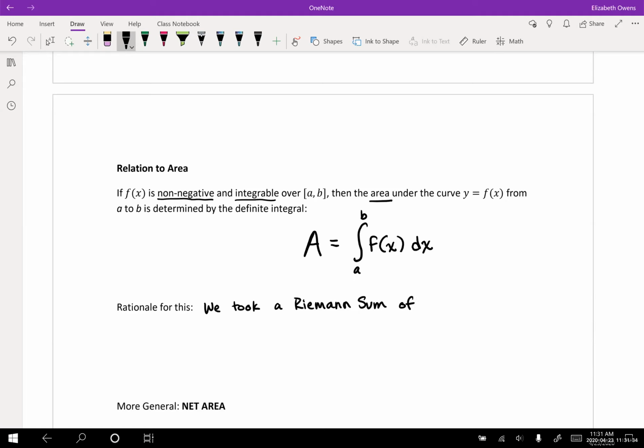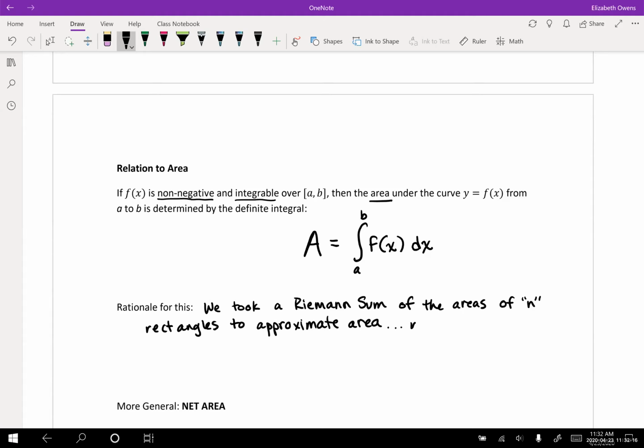So we took a Riemann sum of the areas of n rectangles. And if n is a finite number of rectangles, like 4 rectangles or 10 rectangles or whatever, that will approximate the area under our curve. So we can get an approximation of that. So we were adding up a certain number of rectangles.